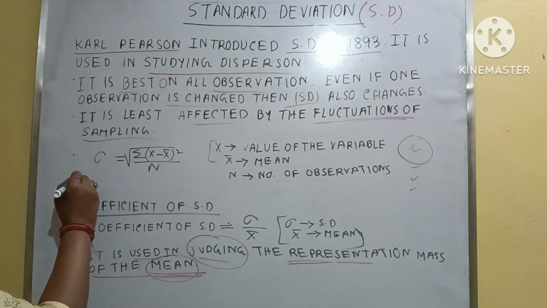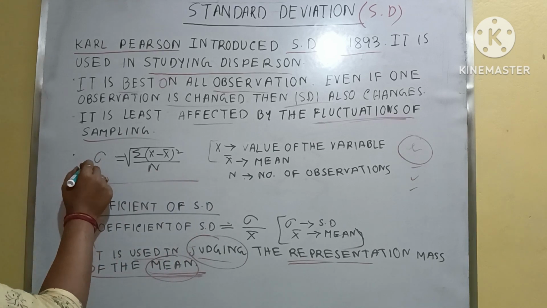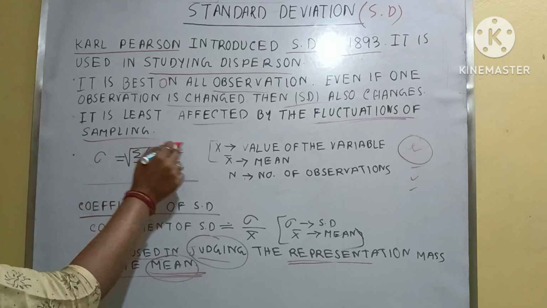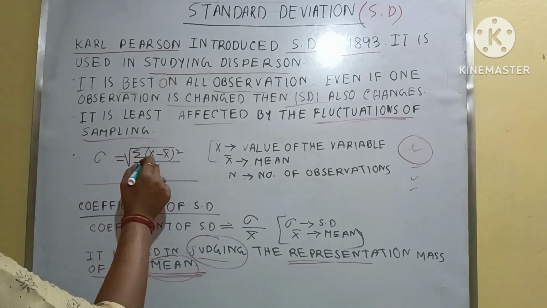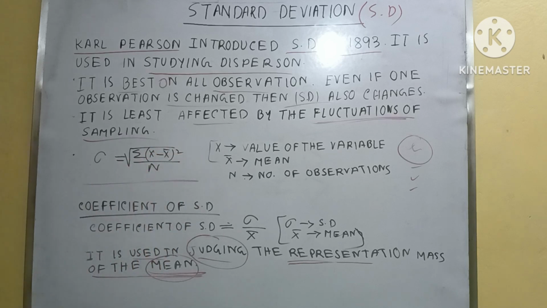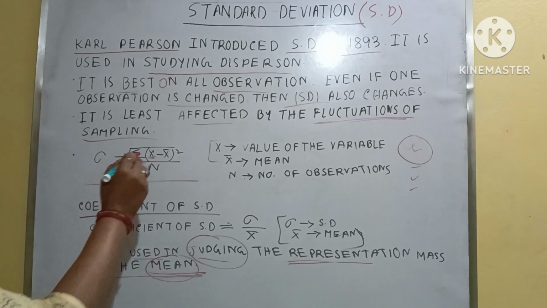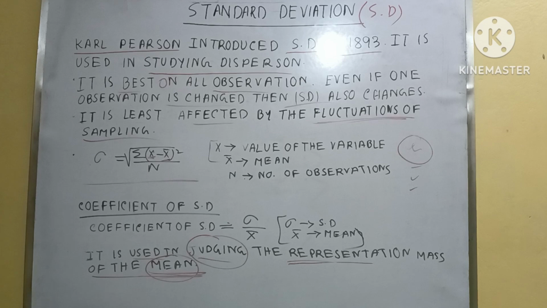So what is the formula of the SD, or how to calculate SD? Sigma equals root over of summation of x minus x bar whole square by n. Here x is the observations, x bar is the mean, and n is the number of observations.